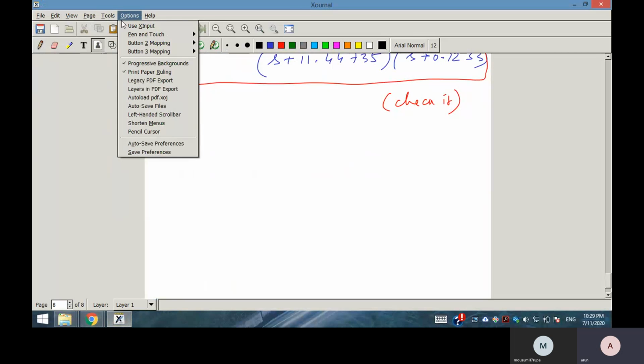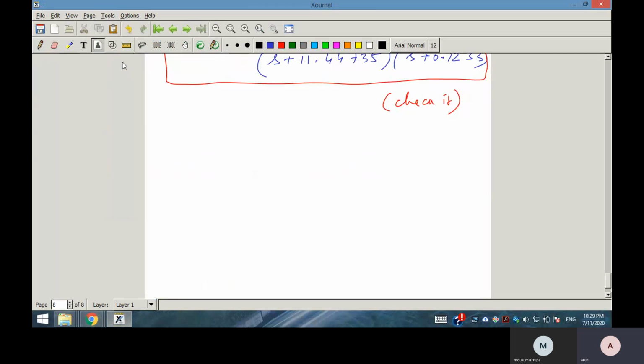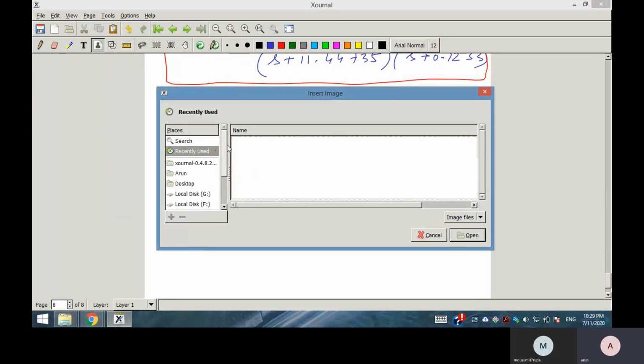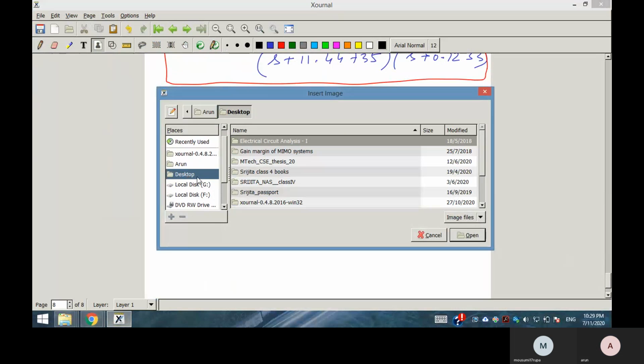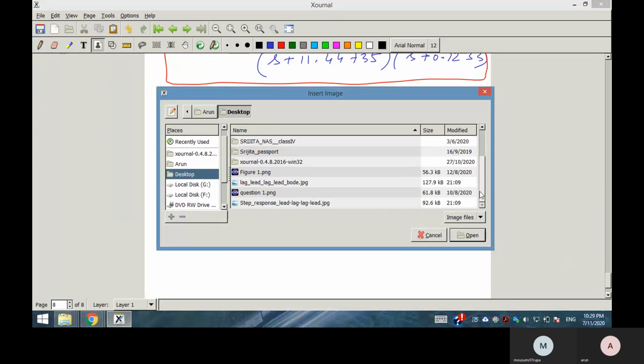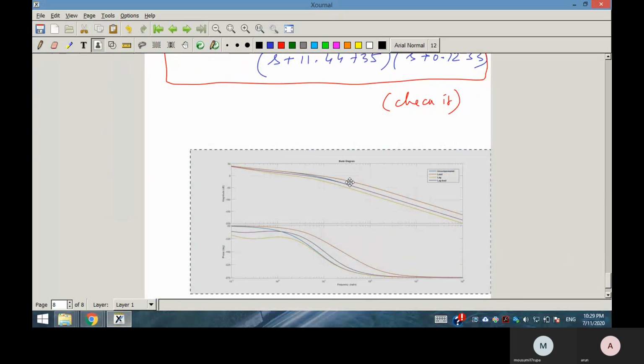So tools, image. Yeah, so now desktop. Yeah, first the Bode plot I want to attach. Open.